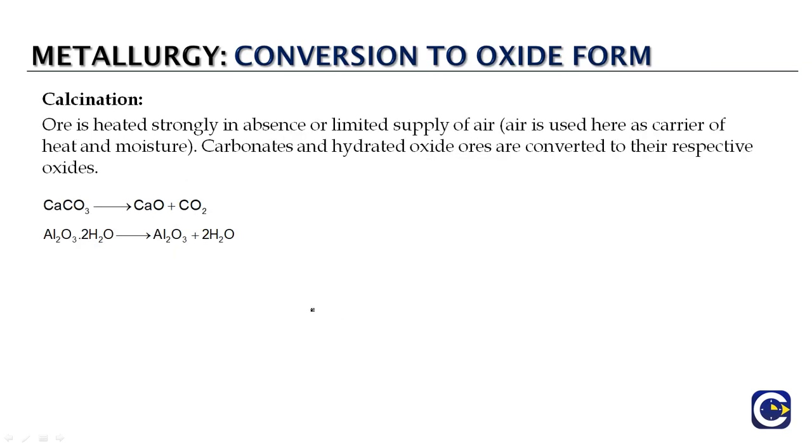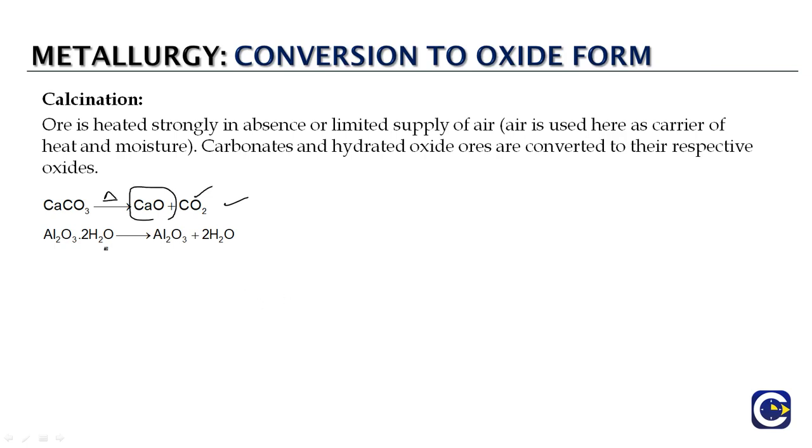The second step is calcination. Calcination is strong heating in the absence of oxygen or a limited supply of oxygen. Calcination is used to get the oxide form from carbonate ores. Like in the case of calcium carbonate, if you heat strongly in the absence of oxygen, we get calcium oxide and carbon dioxide gas is liberated.